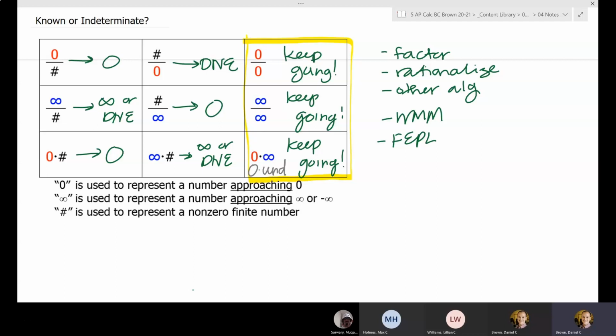Like if you can easily factor and cancel, then that's probably what I would keep on doing. But L'Hopital's rule is nice because it will work for just about every indeterminate case that you can encounter. So it will just give you another option. Plus it's going to give us a whole other way to evaluate limits of certain types of problems that we couldn't do back in Unit 1.